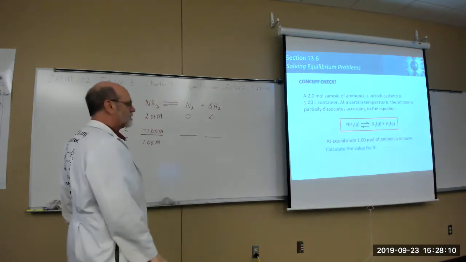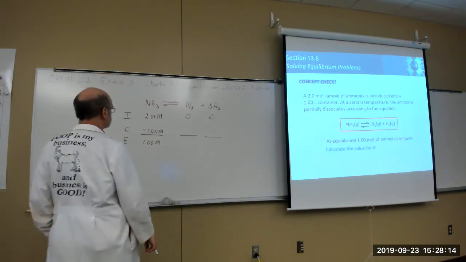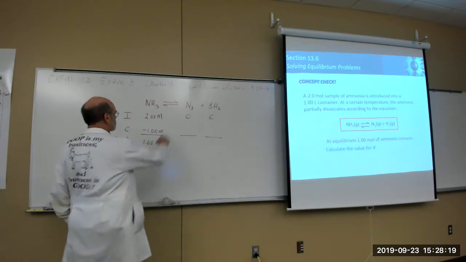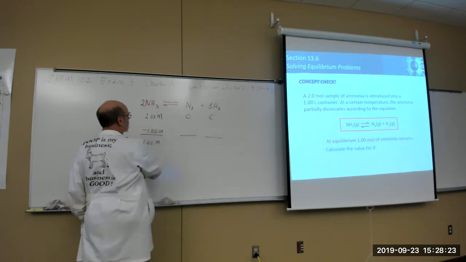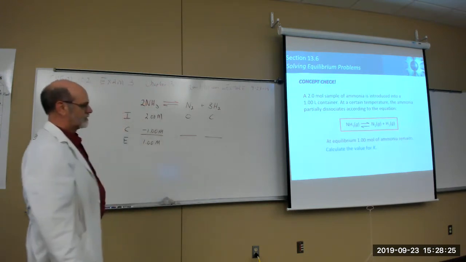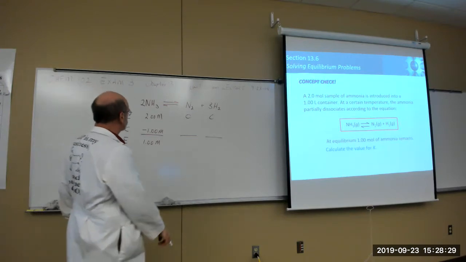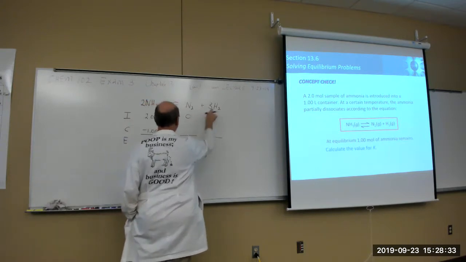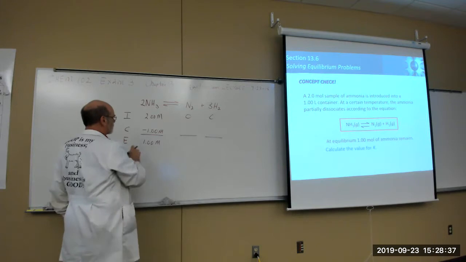Wait a minute, that equation is not balanced, is it? It is not. Two nitrogens, and 6 hydrogens. Now it's balanced. Let's see if that made a difference.